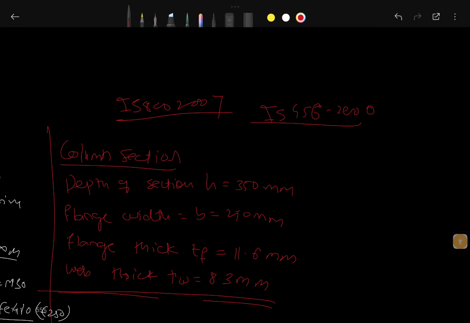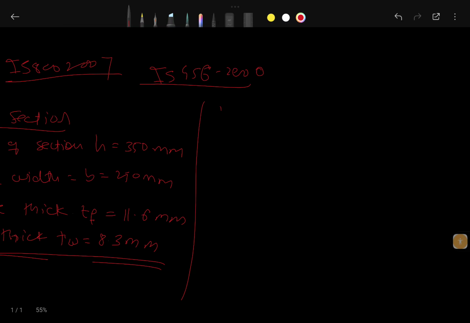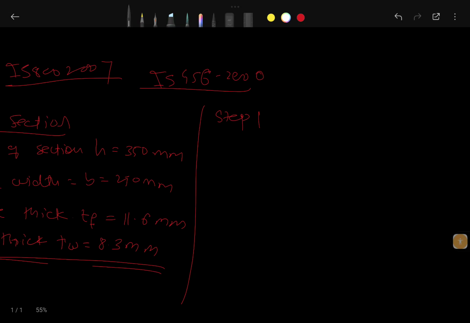The critical section for bending in the base plate is at the base of the column web. Okay. Now we start with step one. In this step one, we generally design the base plate dimensions.